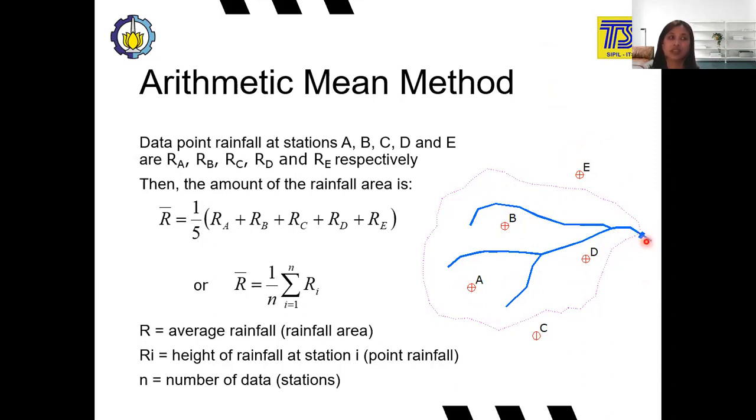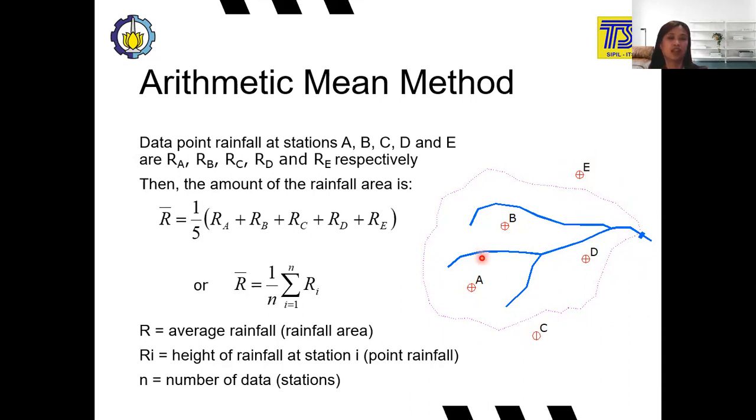That's one concern. And another concern, if you have an area with different contour, for example, here in one watershed, we got a mountainous area in the area of E. Station E is located in the mountain, but stations A, B, D are located in the valley.